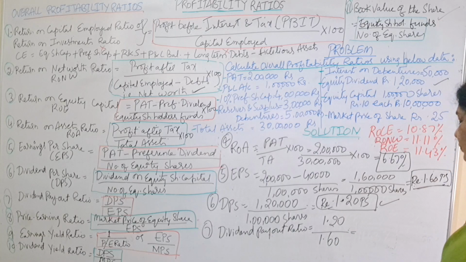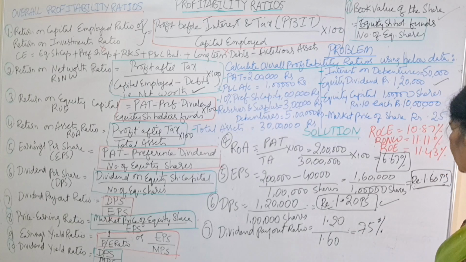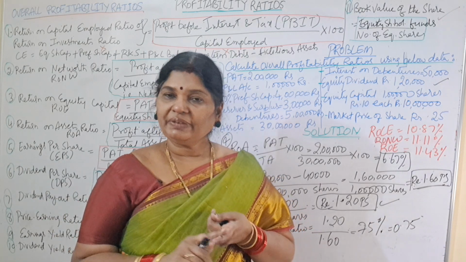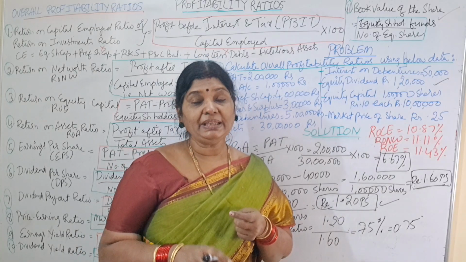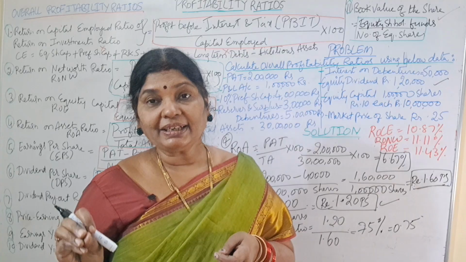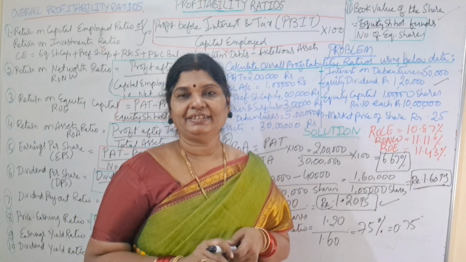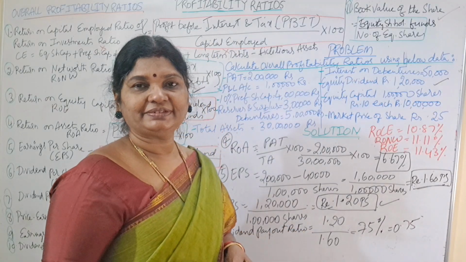So how much you will get? So you got 75%. Because it is 0.75, that is why I have written as 75%. Earnings per share is 1 rupee 60 paisa. So out of that 1 rupee 60 paisa, how much you have received as dividend? 1 rupee 20 paisa. Means on your earnings per share, the company is paying you 75% dividend. So that is what dividend payout ratio.